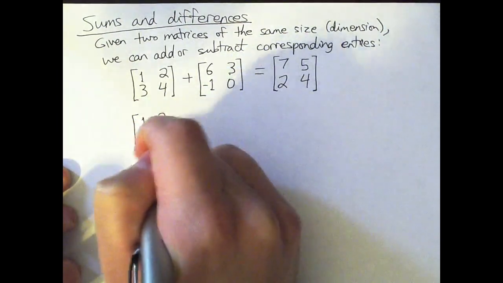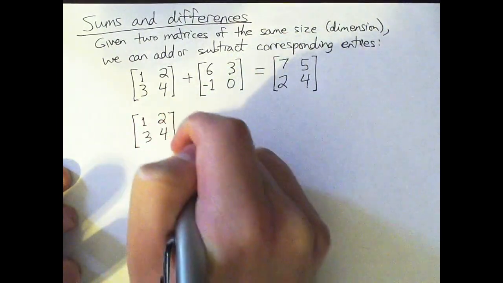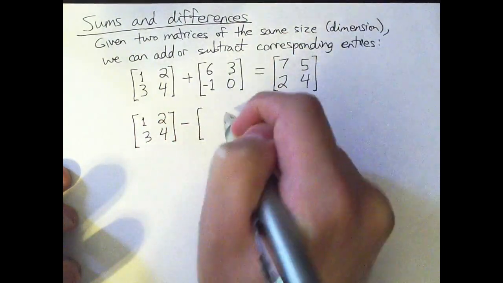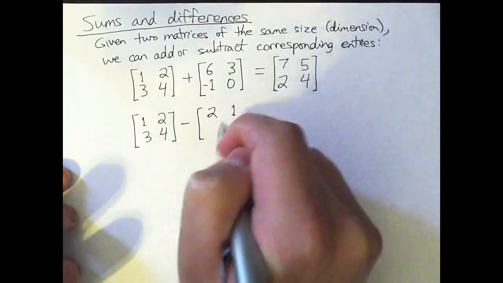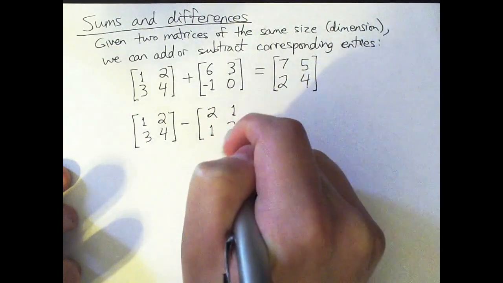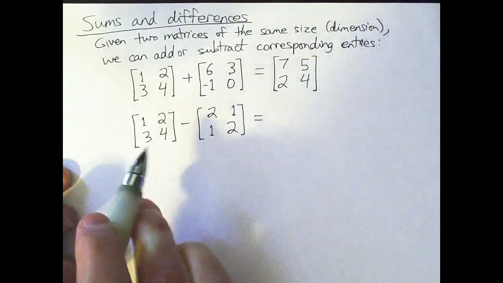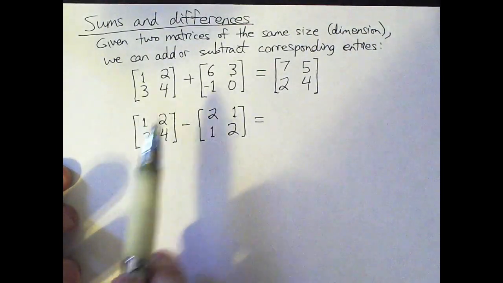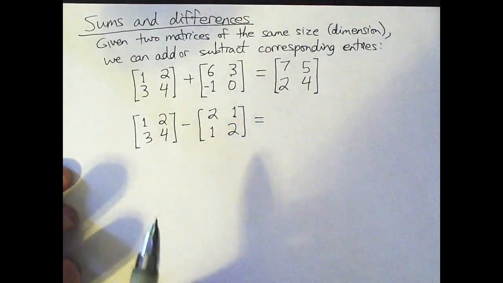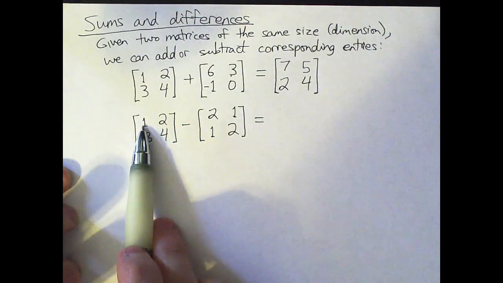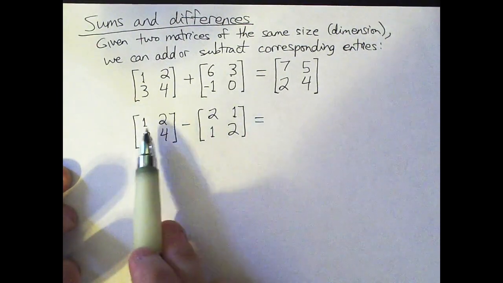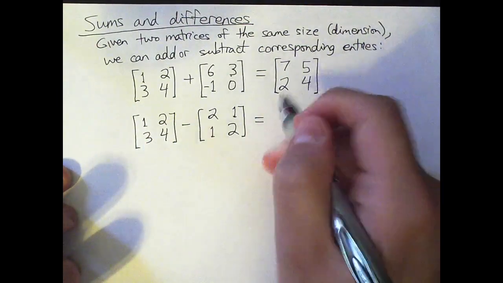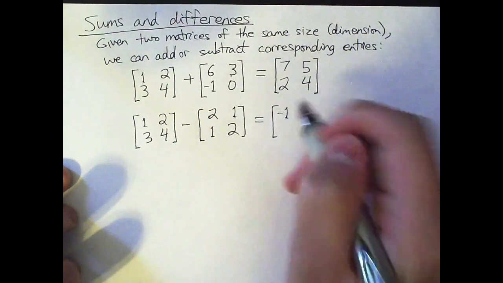Let's do one where we subtract. If there's a minus sign in between two matrices, this is just a little example. First of all, they are the same dimension, so we can do this. 1, 2, 3, 4, minus 2, 1, 1, 2. The upper left entry minus the upper left entry is 1 minus 2. 1 minus 2 is -1.